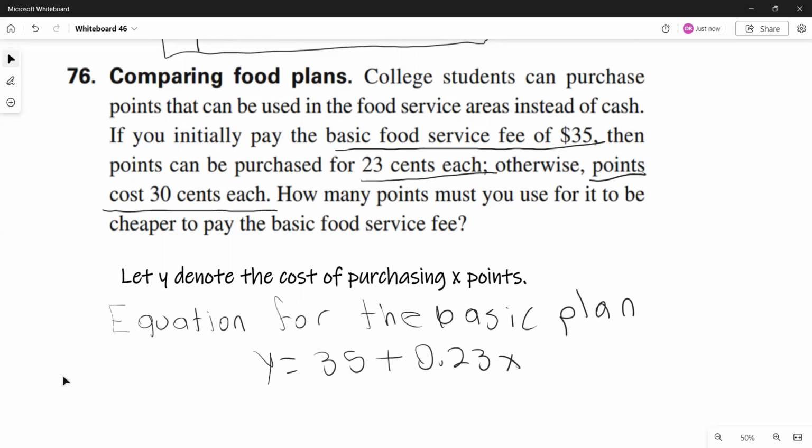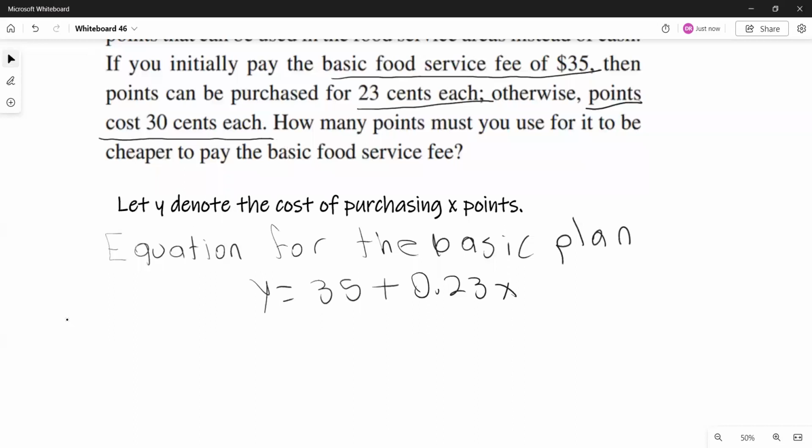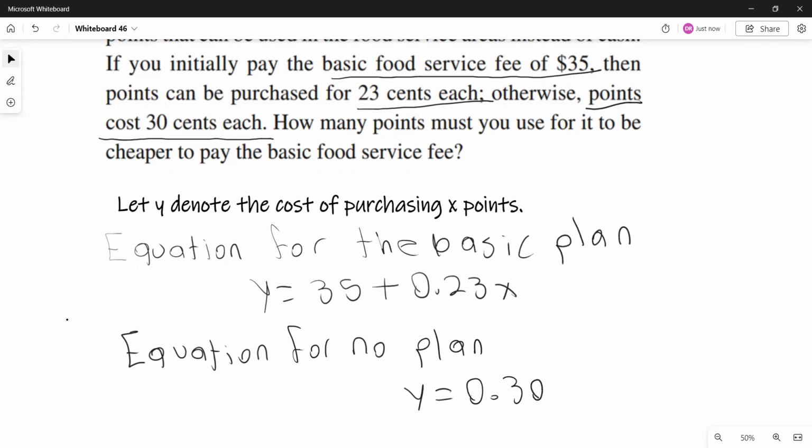And the equation for no plan is y equals 0.30x. So you're not paying a fee, but you're paying more for points.